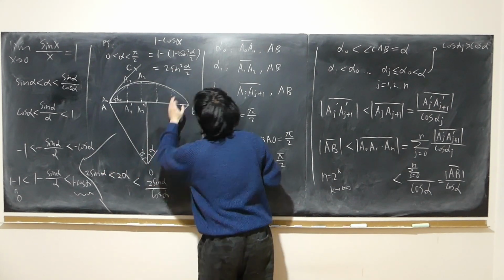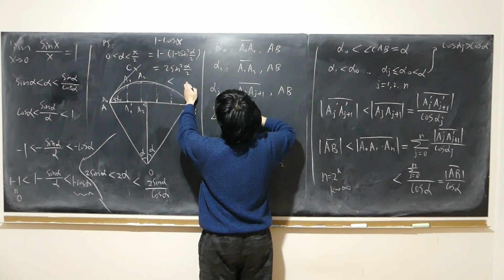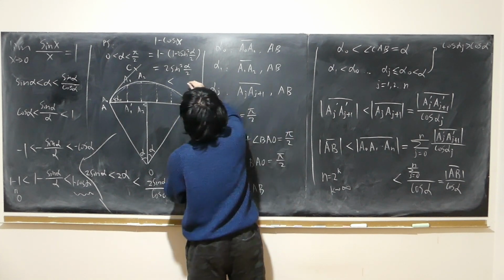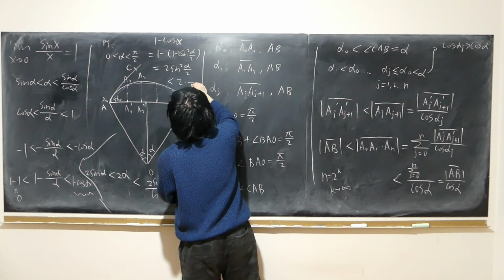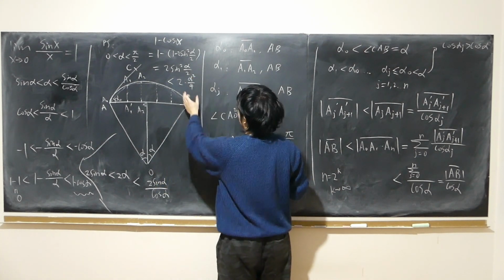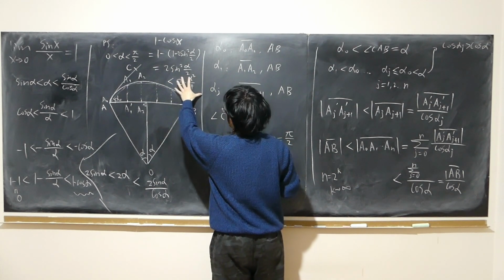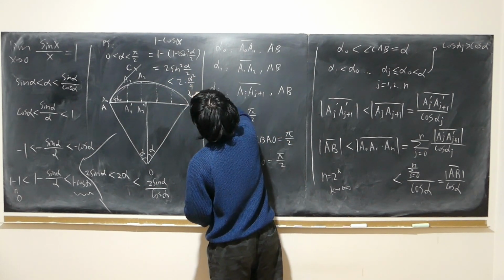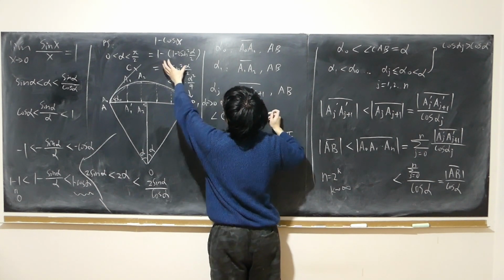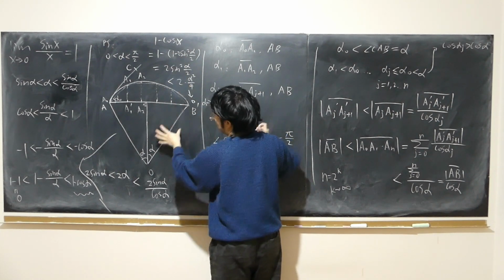I've just shown that. So sine of half alpha must be less than half alpha, so this is less than 2 times the quantity half alpha squared. Right? That is alpha squared over 2, so a constant times alpha squared. As alpha approaches 0, this side approaches 0. Right? So 1 minus cosine alpha really approaches 0 as alpha approaches 0.